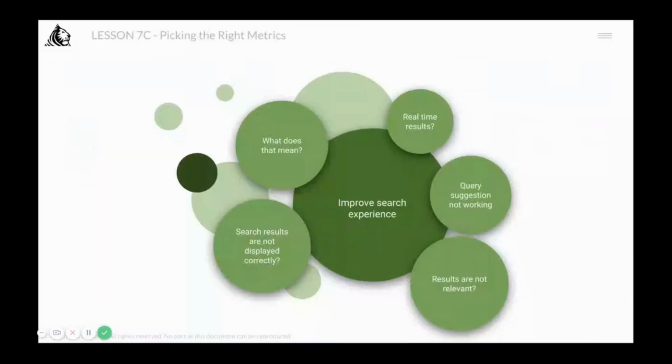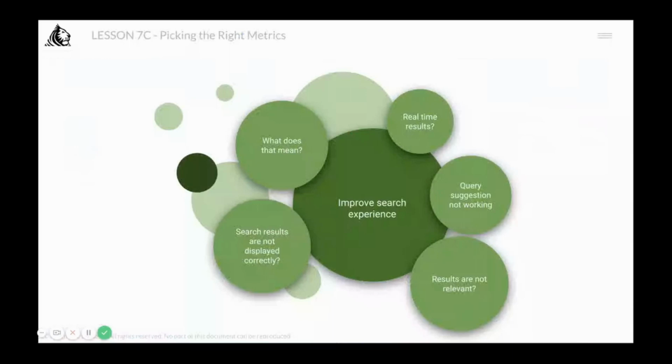So for example, you have been tasked to improve search experience on the app. There are many things to look at. We want to improve search experience. What does that mean? Search results are not displayed correctly, or the search results are not relevant, or they are plain incorrect. Query suggestion is not present, or real-time search results don't work, right?